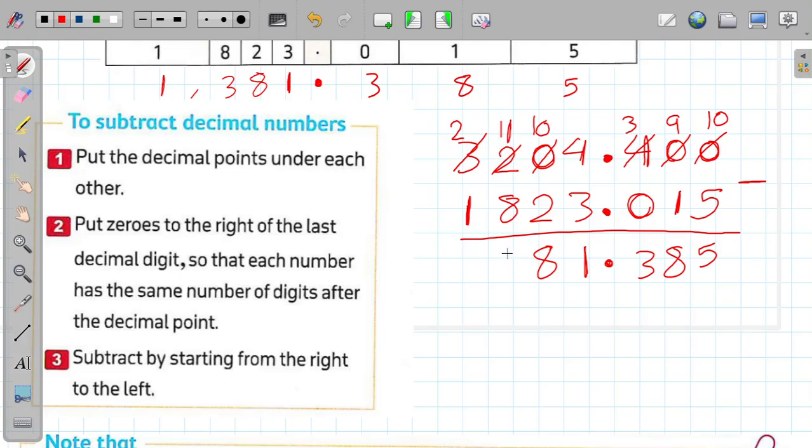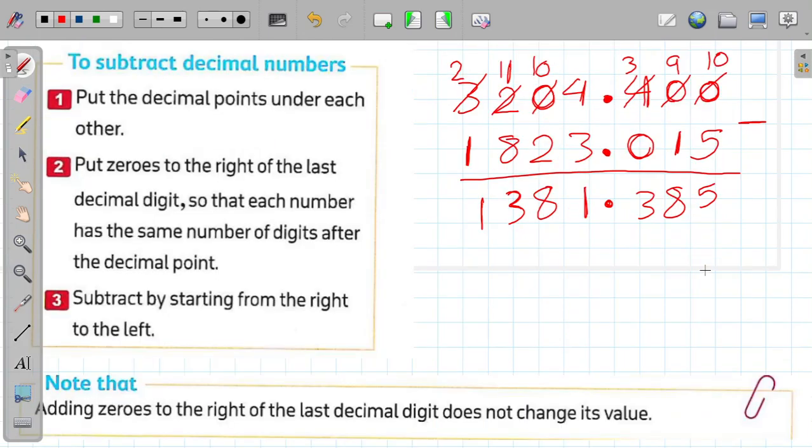So 11 minus 8 equals 3, and 2 minus 1 equals 1. So the result will be 1381.385, or 385 thousandths. Okay?